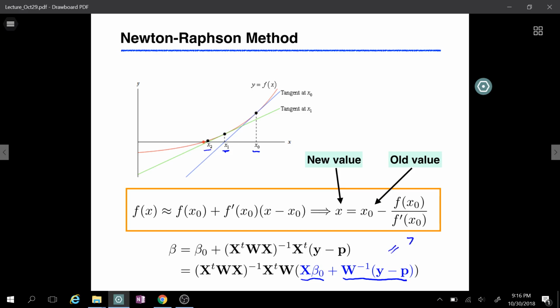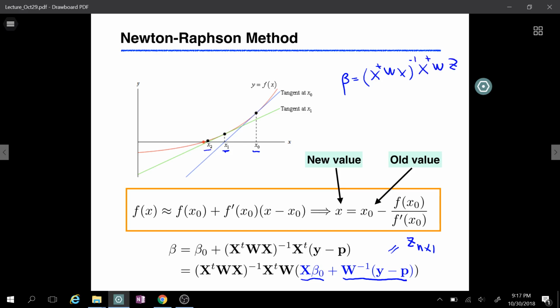You call that your pseudo response vector z, and then you basically solve a weighted regression model, because your new beta is going to be (X transpose W X) inverse times X transpose W z.